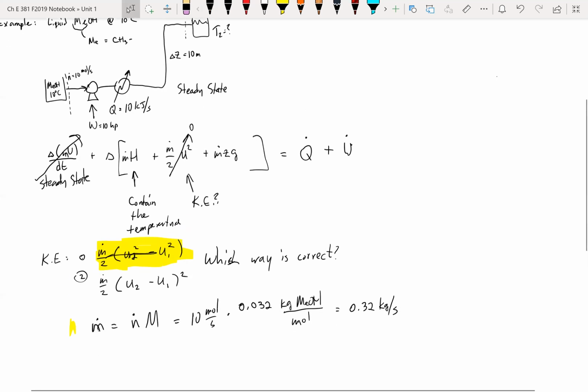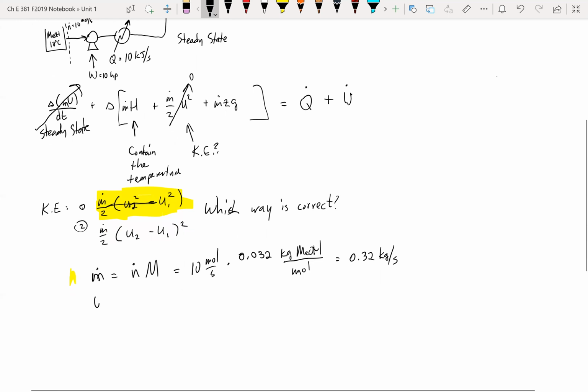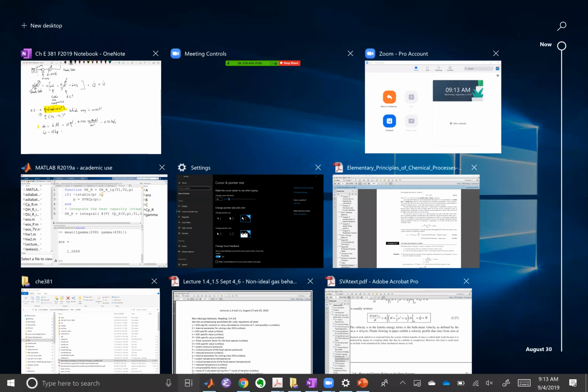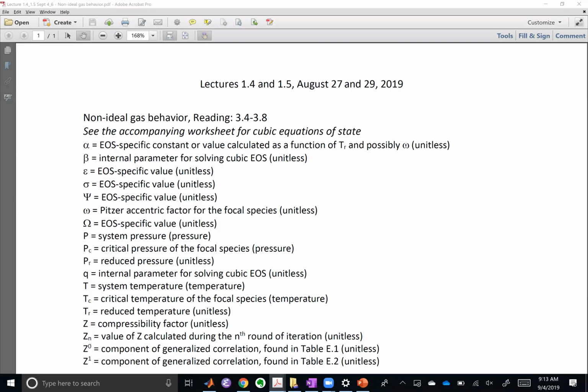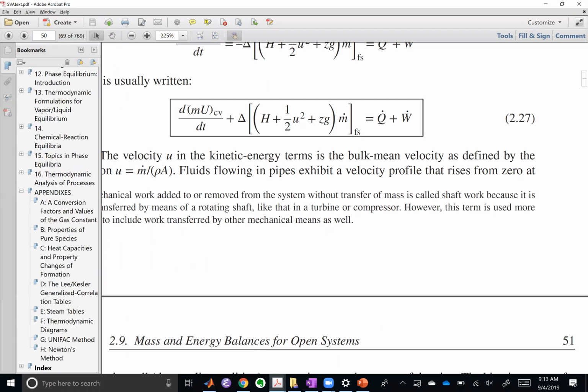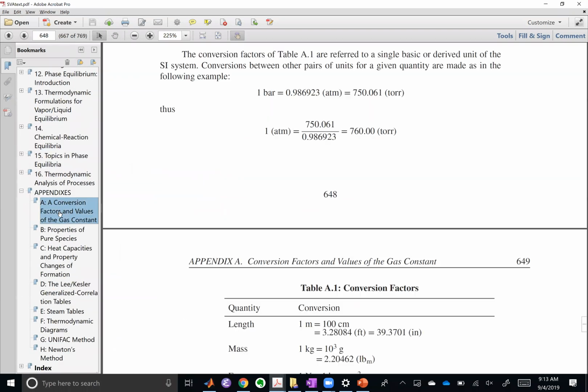The work term is given to us in horsepower. And to convert from horsepower, if you don't have that factor in the top of your head, you're going to remember Appendix A in the textbook.